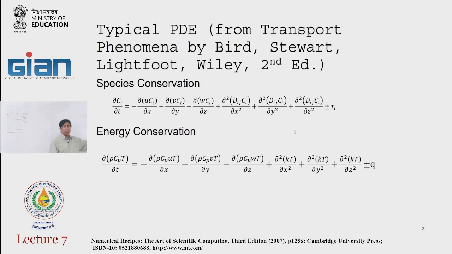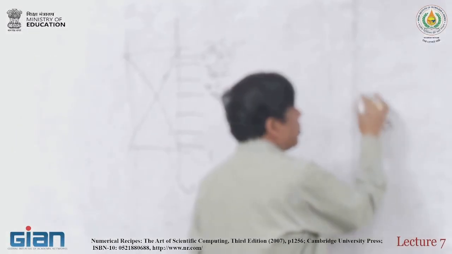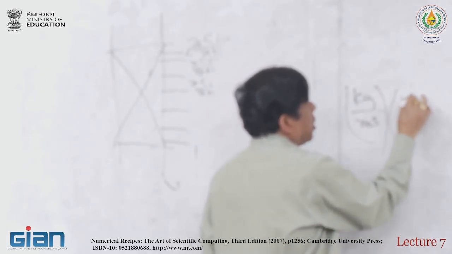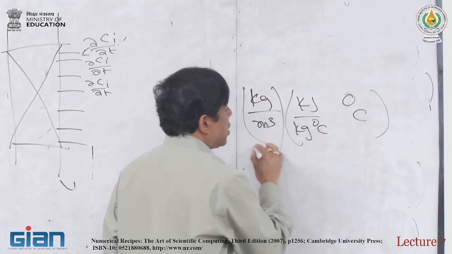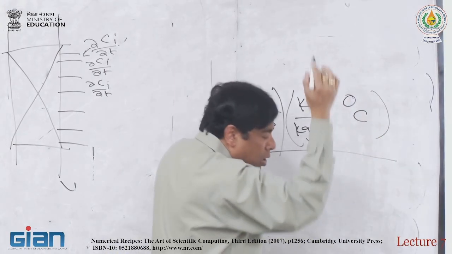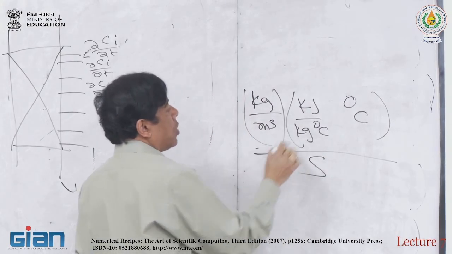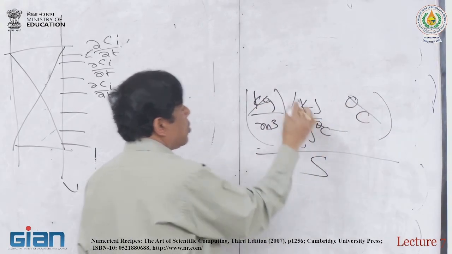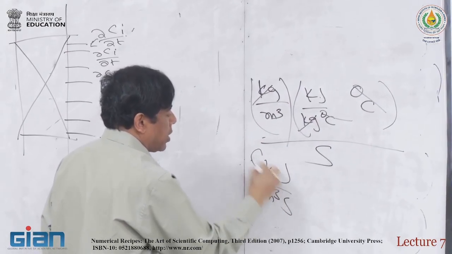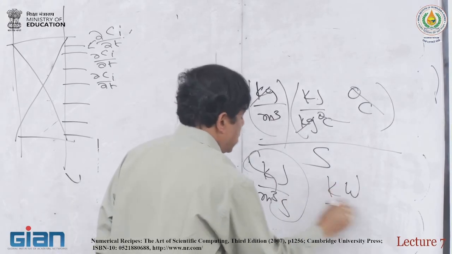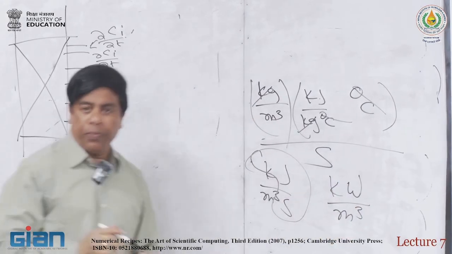For dimensional consistency, the units of any of these terms should be the same. Say rho in kg per meter cube, Cp in kilojoule per kg degrees centigrade, and time in seconds or minutes. Degrees centigrade cancels, so we get kilojoule per meter cube second, which is kilowatt per meter cube.